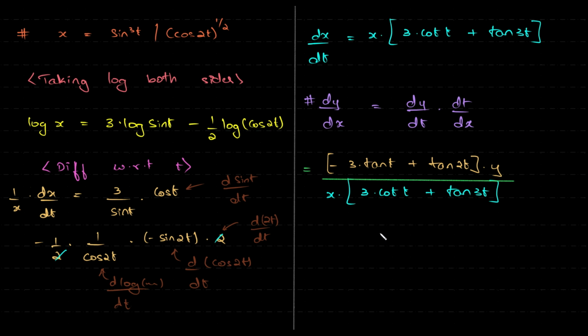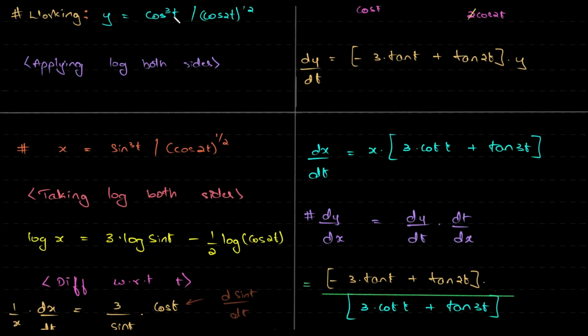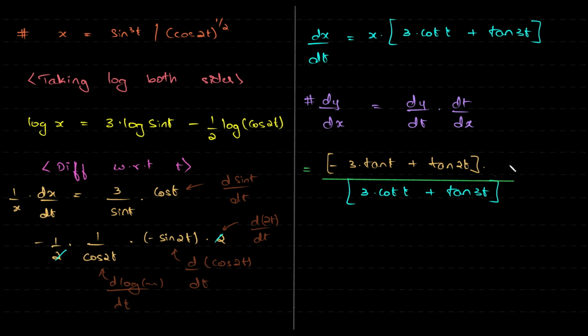So we can substitute, and we have to actually substitute y and x. So let's do that also. So we have y to be what, guys? So this is x. So y is cos cube t, not 3t, divided by square root of cos 2t.